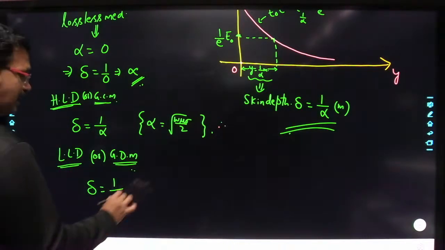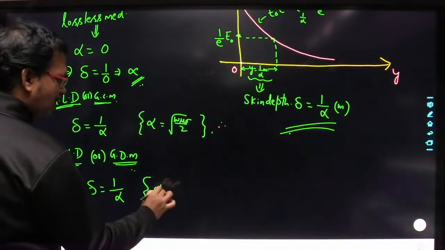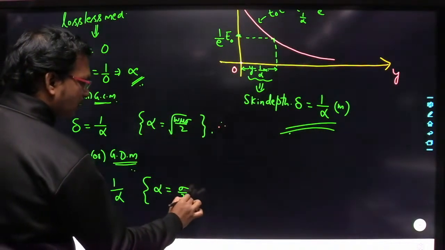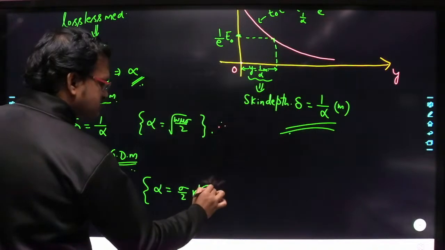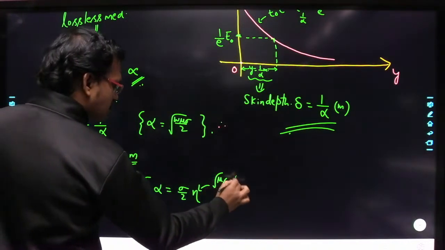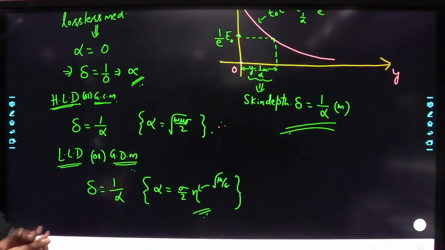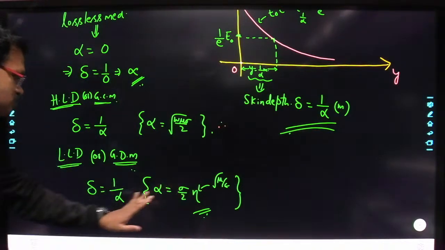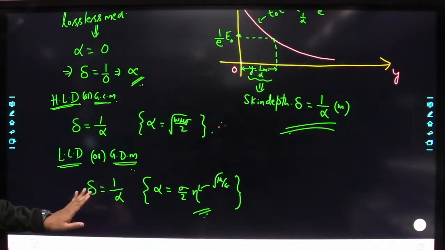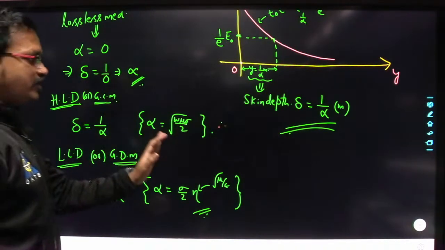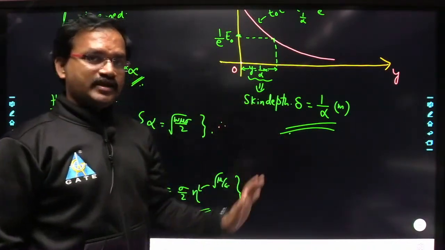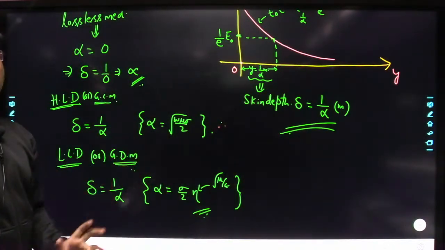Okay, so for good dielectric medium alpha is equal to sigma by 2 into eta, where this eta is nothing but square root of mu by epsilon, right? So this is the expression for alpha in case of what? Low loss dielectric. So you have to substitute this value here in order to determine the skin depth. Understood? Okay, so always remember that the skin depth is equivalent to 1 by alpha.